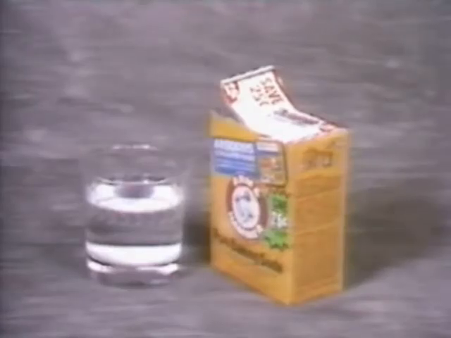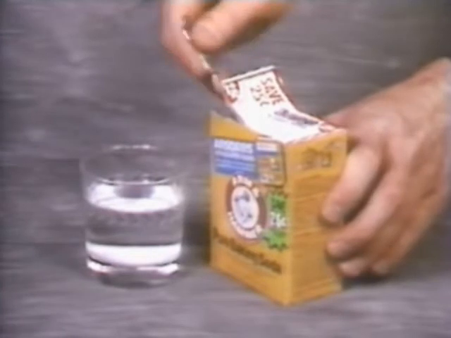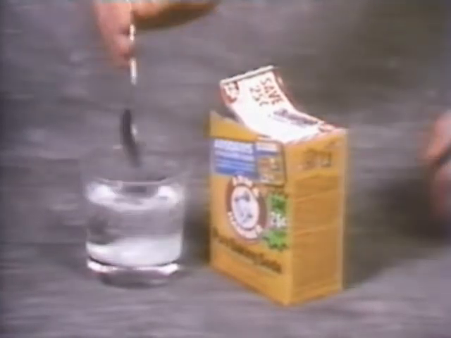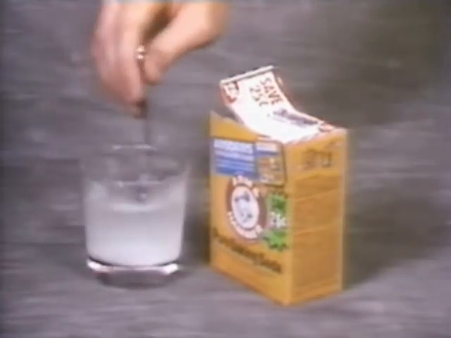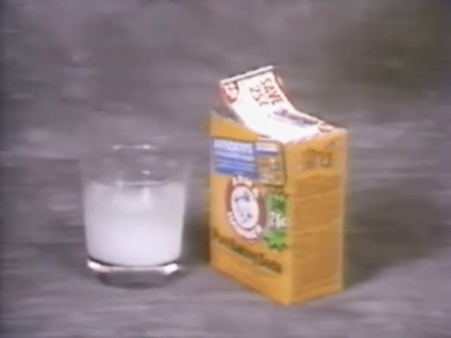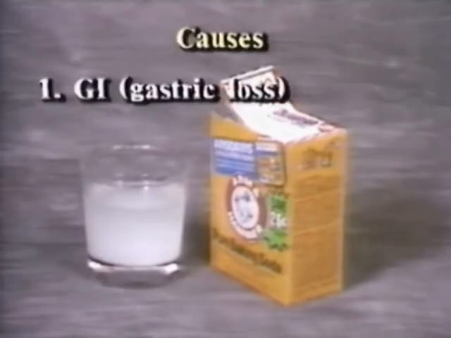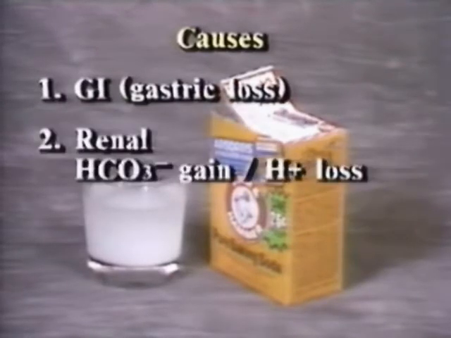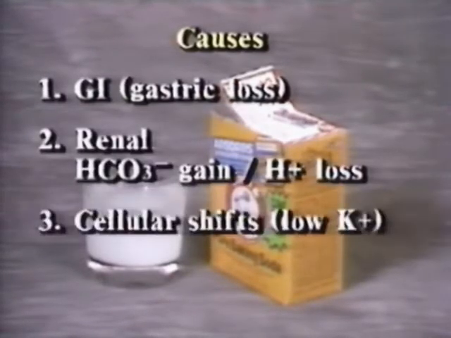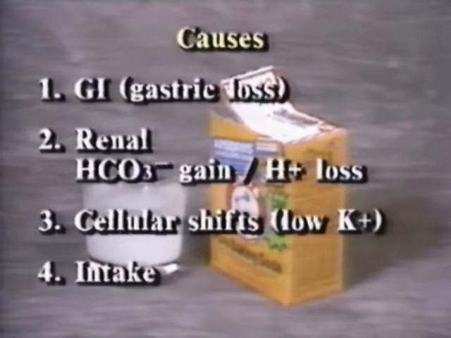The last major cause of metabolic alkalosis in patients is excessive intake of base into the body, for example, use of baking soda to self-medicate for heartburn. These then are the causes of acid loss or base gain in the body, and patients with alteration in these areas can be considered at risk of developing metabolic alkalosis.